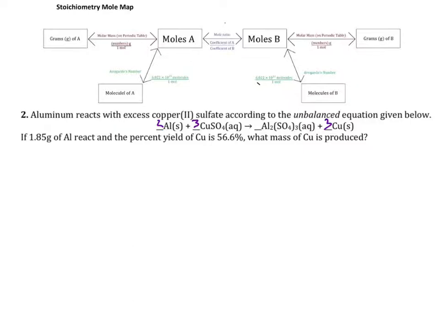Okay, so in this situation, again, it's actual over theoretical times 100 to give you the percent yield. Except this time, it's giving us the percent yield, which is this. And what we need to do is calculate the theoretical yield by doing a conversion, and then we can solve for how much is actually produced.